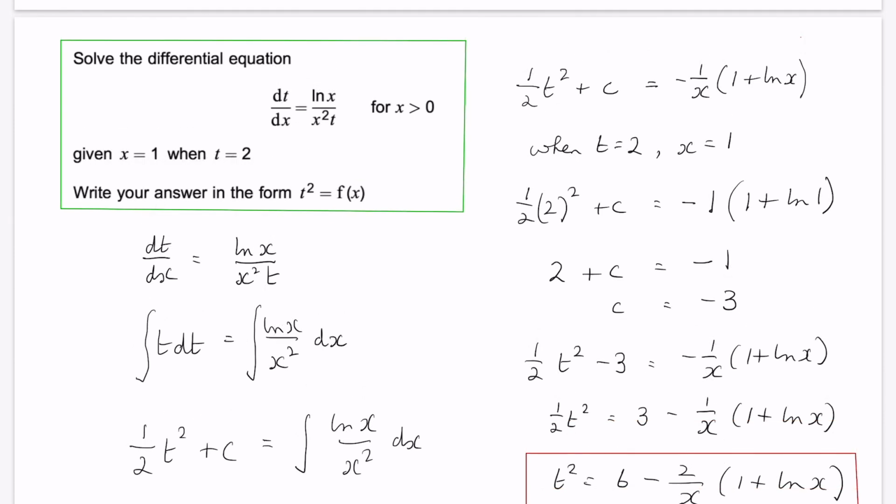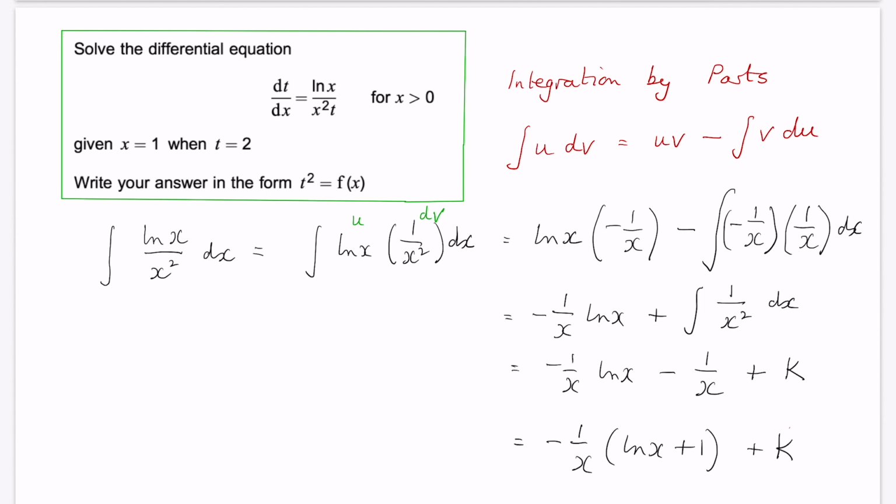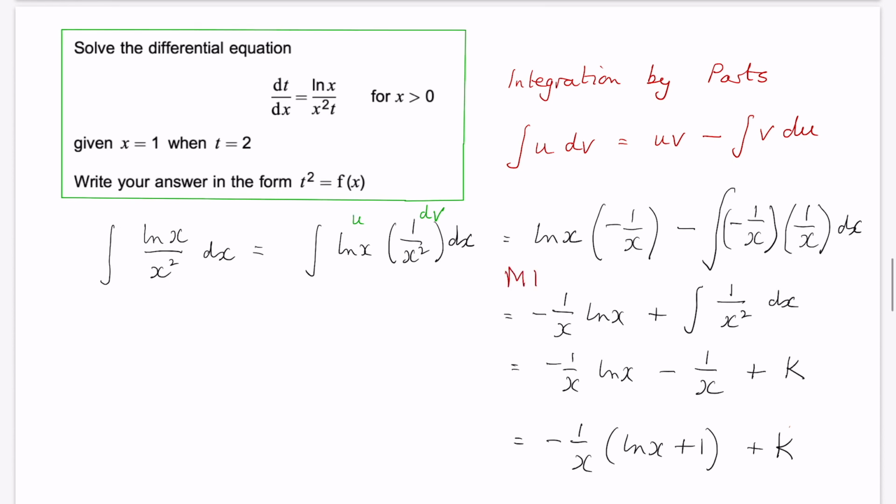Looking now at the mark scheme for this question, we begin with the first part, the separation of variables. There is M1 there for getting the separation correct, and A1 for that first integral, the integral of t dt. And now looking at the integration by parts, there is a method mark for attempting to integrate by parts. So you would pick up a method mark at about this point here, I think. The first accuracy mark is for two things.